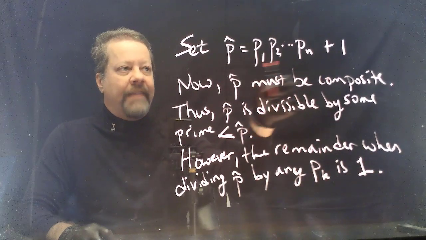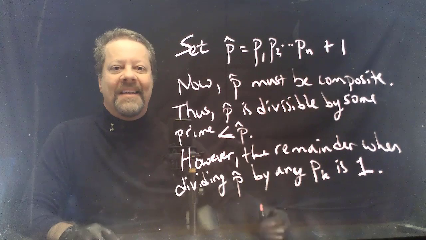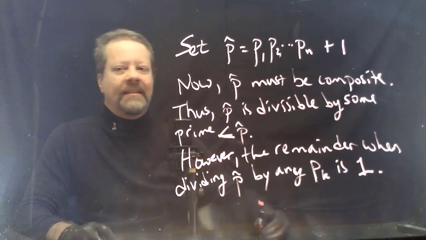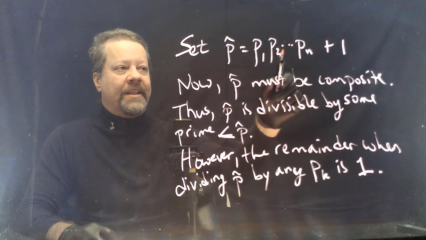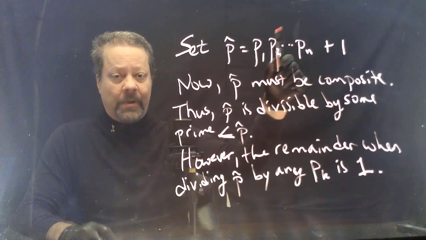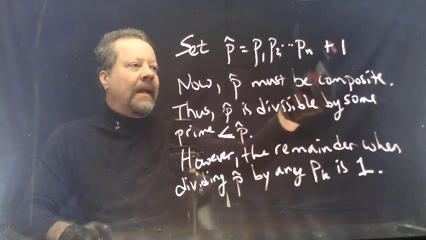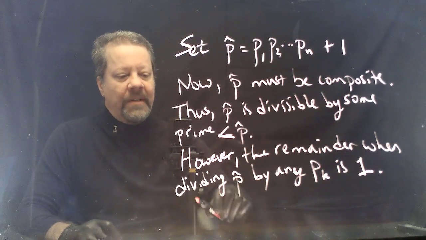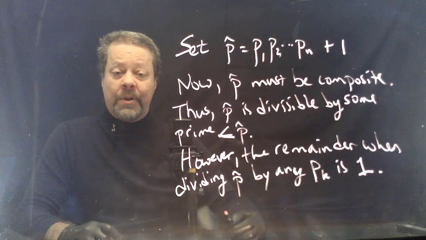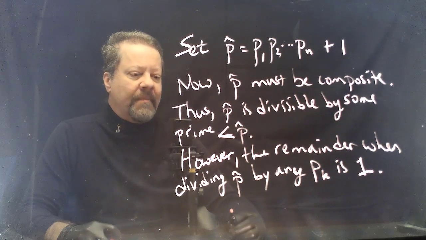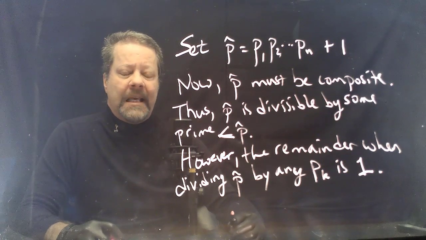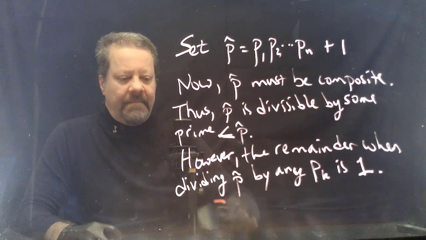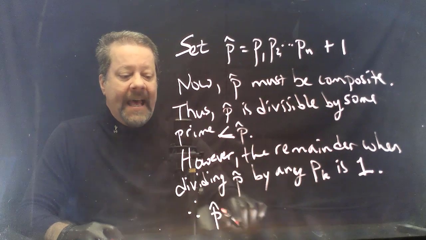It'll go evenly into this part and have 1 as the remainder every time. P hat is expressible as one of these primes times the rest of the primes, which we'll call Q, the quotient, and 1 will be the remainder. So none of the primes that we have, and we're supposed to have a complete list of primes, divides P hat, which means that P hat is prime.